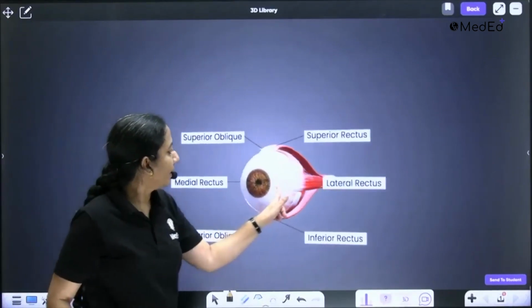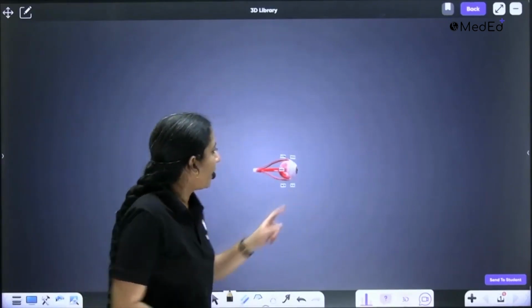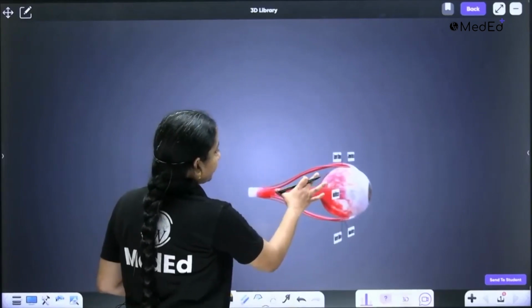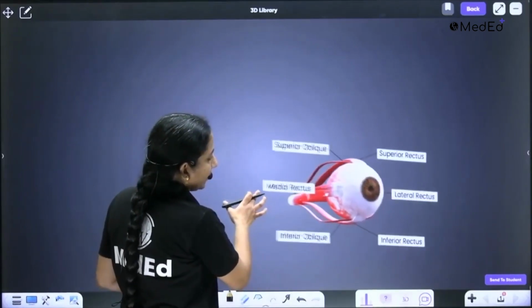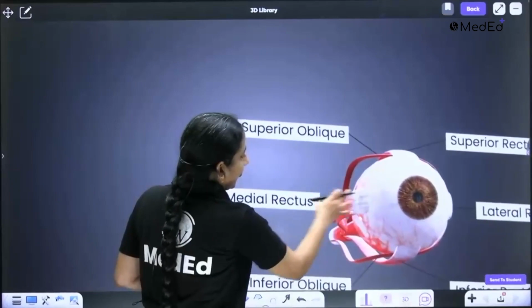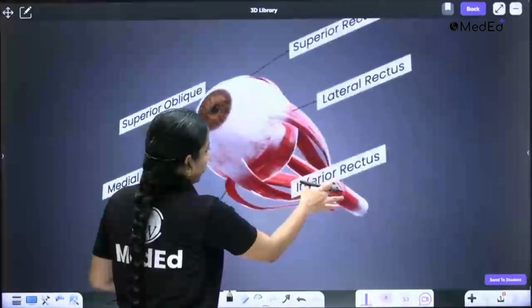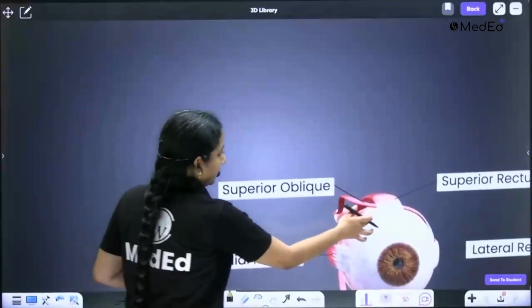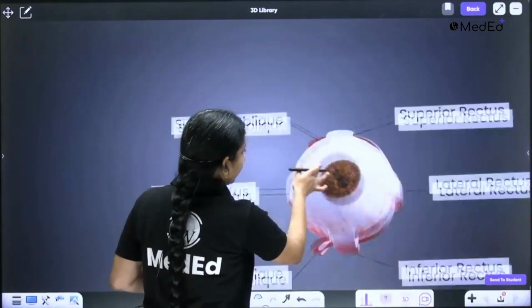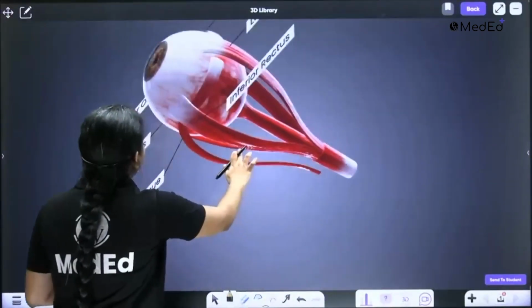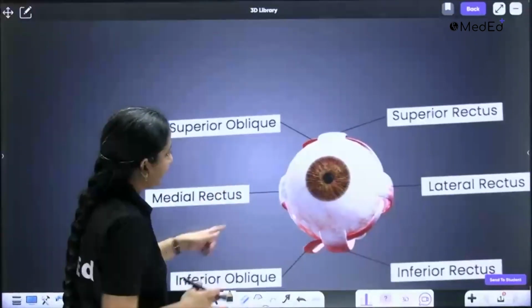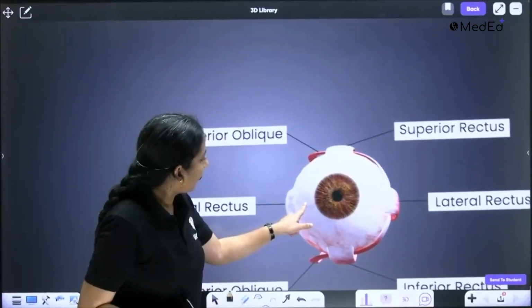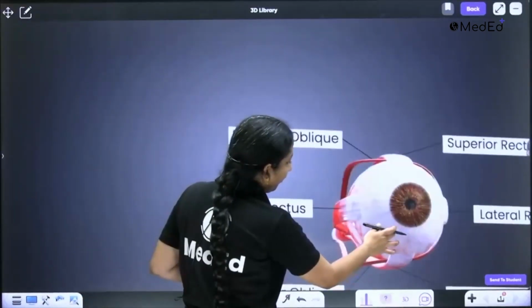Now let us look at the inferior oblique. So where is the inferior oblique? The inferior oblique obviously is below, but once again I want you to have a look at this picture here. Let's have a look at the inferior oblique. So the inferior oblique, it is arising from the floor of the orbit.